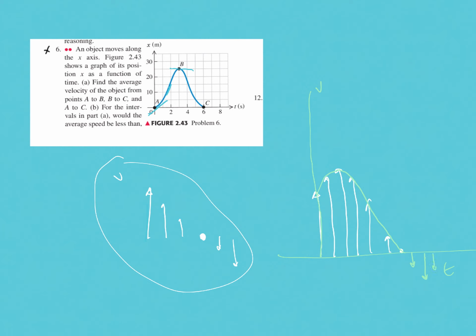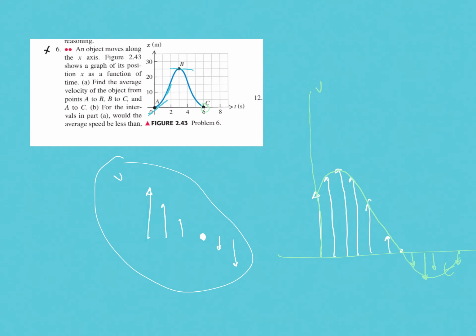Later on it decreases, and at the point C, the velocity is negative, and it has some smaller value. So the function will do something like this, smaller. Of course, I cannot continue because I don't know what will be after C. That's all. Let's go.